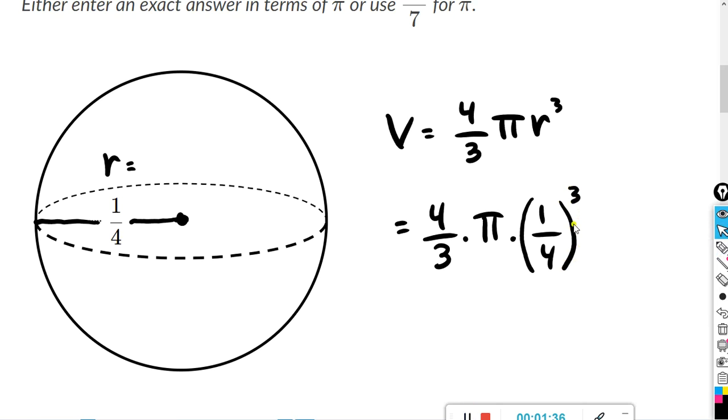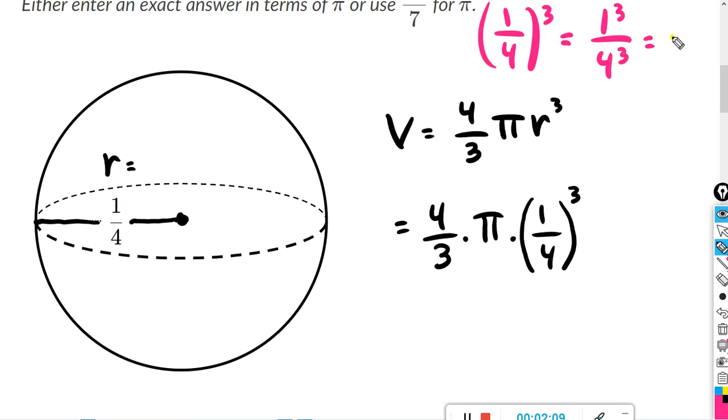Now, as a side note, when you raise a fraction to a certain exponent, that exponent is applied to both the numerator and denominator individually. All right? So 1/4 to the third power is the same as 1 to the third power divided by 4 to the third power.